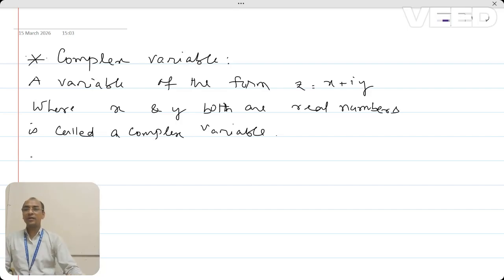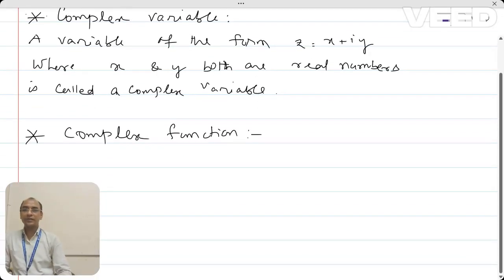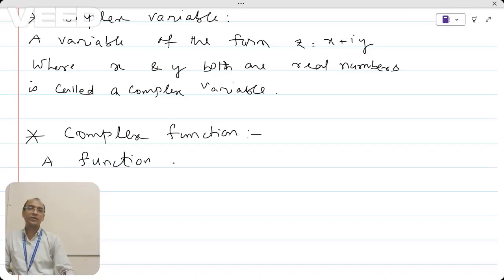Now let me define complex function. A function omega, which is nothing but function of z.